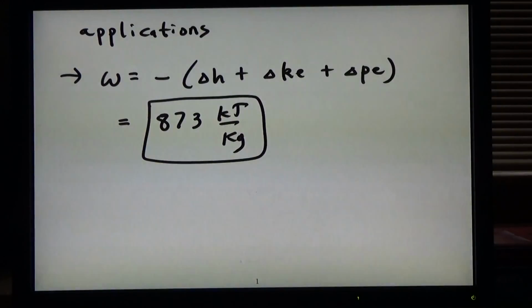Alright, but we're still left with the problem, how in the world do we solve for the mass flow rate? We tried applying the mass balance, didn't get anywhere. We tried applying the mass flow rate equation, and we still don't know the area of the inlet or the exit. So sit down and think about this for a second. How can we solve for the mass flow rate based on what we know?